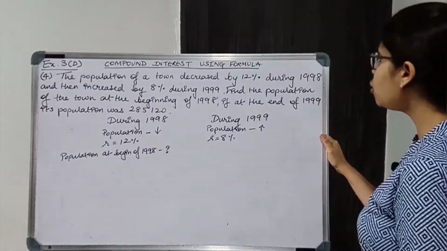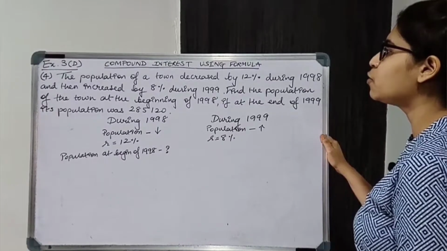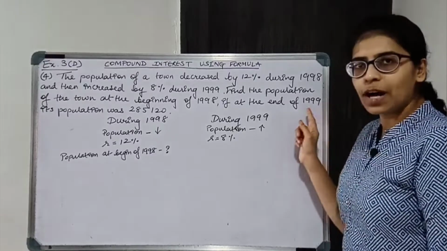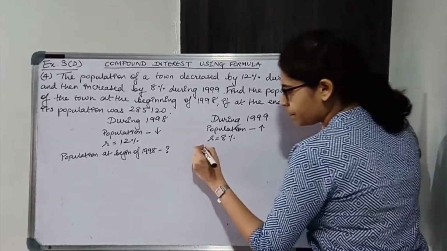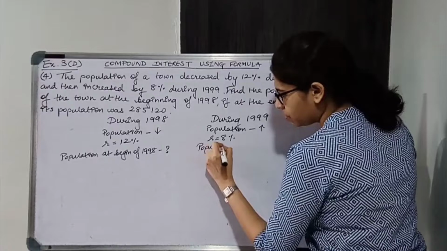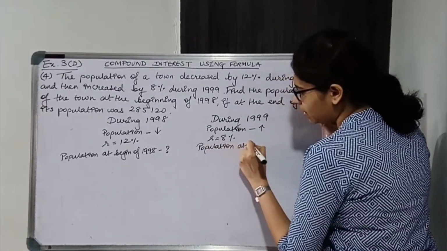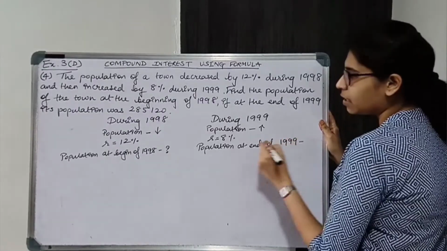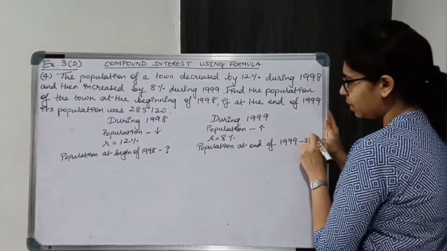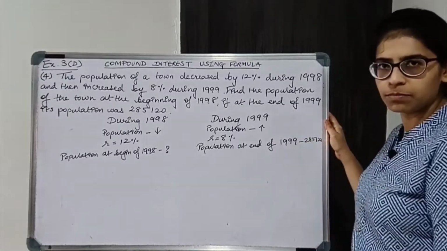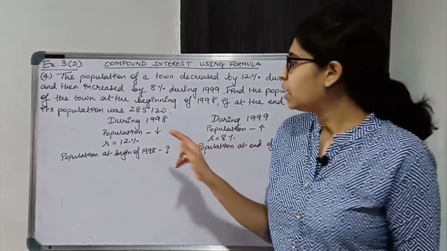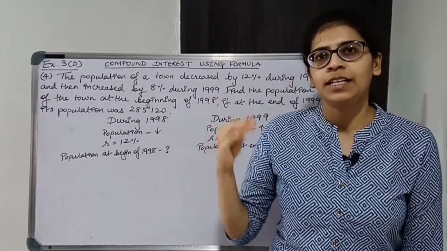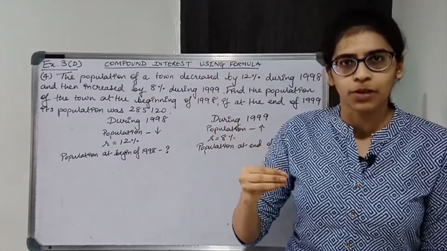If at the end of 1999 its population was 2,85,120, so population at end of 1999 is 285,120. Now during 1998, that is from the beginning to end of 1998, there is change in population.